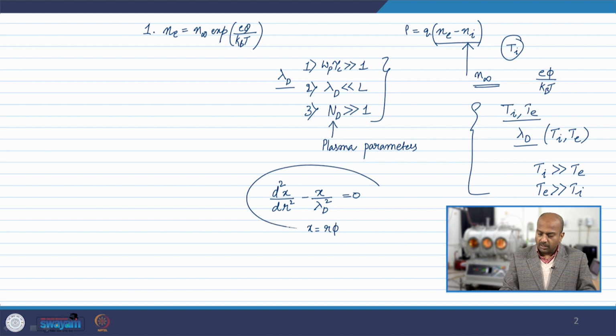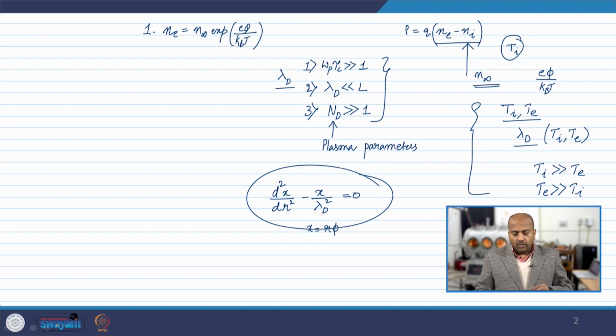So, this equation tells you the origin of the Debye's length. So, we will take this equation, and we know what we did before we reached this equation, right. And how we can slightly modify the picture to draw more meaningful insights about the plasma potential is today's objective.